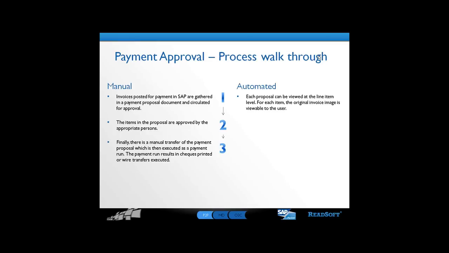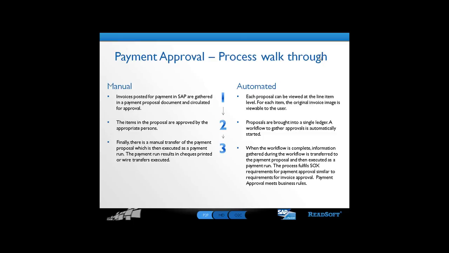Automated-wise, well, every proposal can be viewed down to the line item level, so providing a lot more transparency and visibility in the organization. Of course, if you need to see the original invoice, it's available to you electronically. All of the proposals are brought together into a single electronic ledger automatically, and the workflow to gather those approvals is automatically started. And then when it's complete, it's immediately transferred back into SAP for the payment run to be executed.